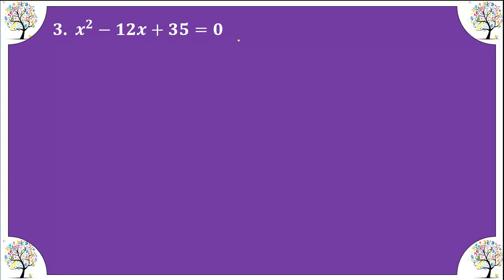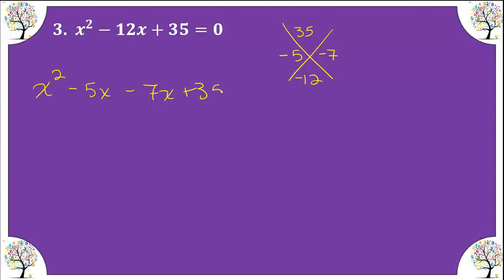Let's try one more like this. Again, we're using the factoring method by grouping. 1 times 35, and we have -12. We're going to use -5 and -7. x squared minus 5x minus 7x plus 35 equals 0.